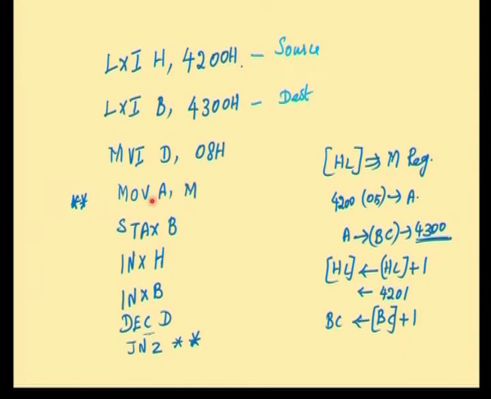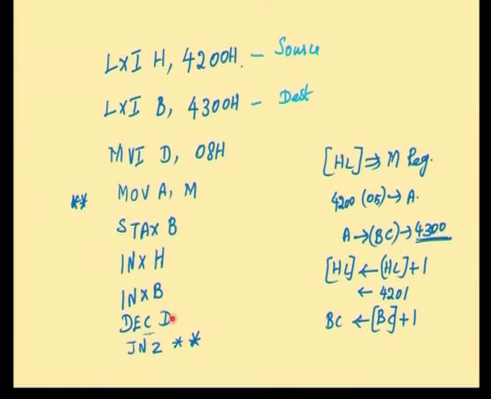So MOV A, M means the content of 4200 is moved to accumulator. Now the data is in the accumulator, I can easily move it to the destination address which is B. So the BC register pair, for storing the content into the BC register pair, we use the instruction STAX B. So STAX B, the accumulator content is moved to 4300, and the source location and destination location are increased by 1.